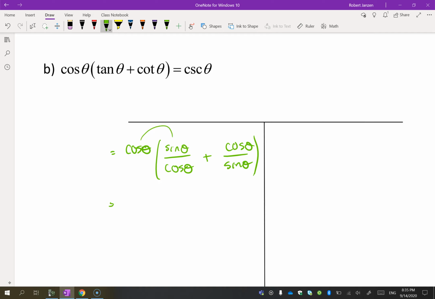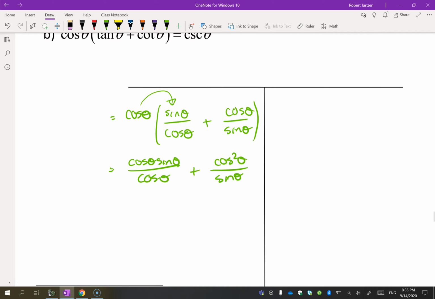Okay, now if I multiply this into here, I get cos sine over cos plus cos squared over sine. Before I go any further, I see those coses will cancel. And so I have sine plus cos squared over sine.